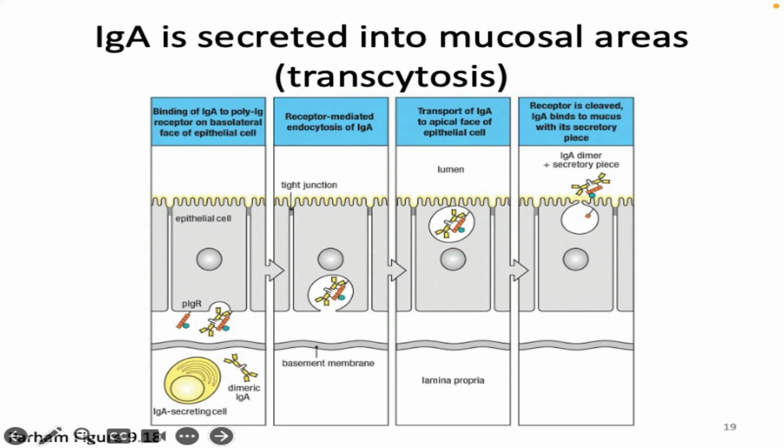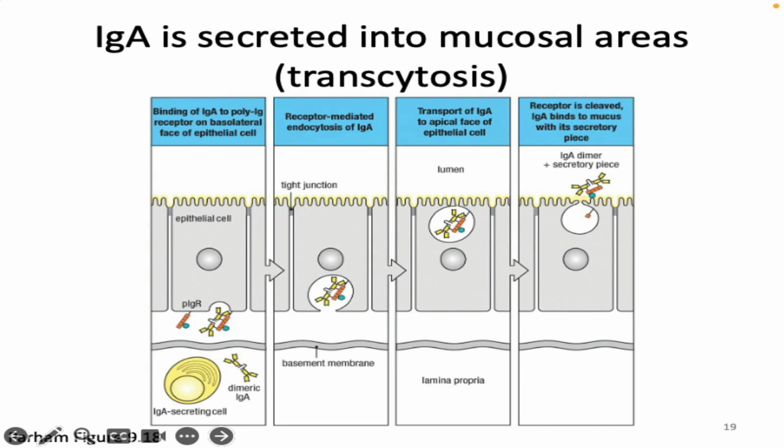IgA can get carried across those barrier cell layers and be put into those mucosal sites. So IgA has a specialized receptor that it can bind to when it's made in the blood, and it can basically get put inside of those cells that make up that barrier layer of, say, the GI tract, and get transported across that cell layer so that you have IgA in your GI tract.